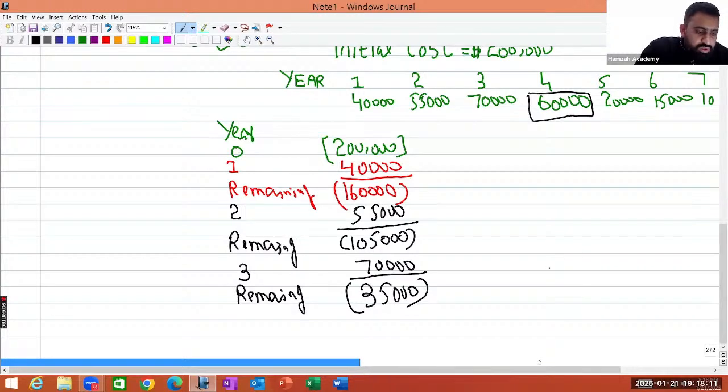So now we have unrecovered investment of 35,000. And in year 4, the cash inflow is 60,000.